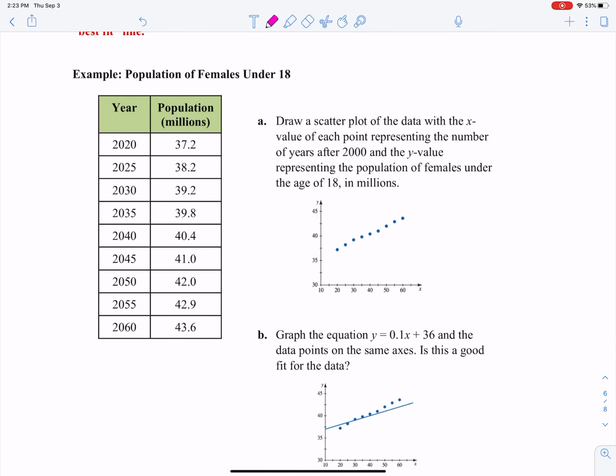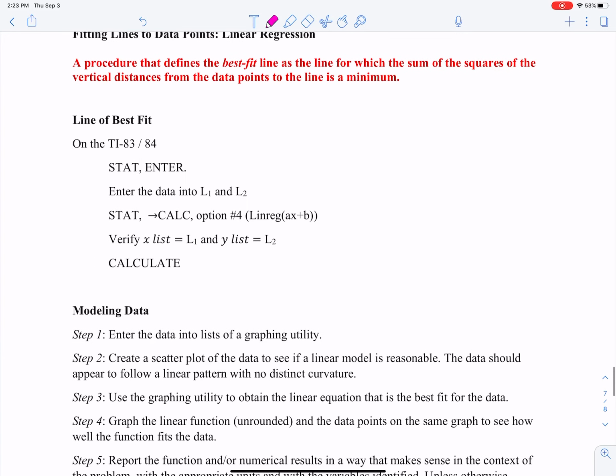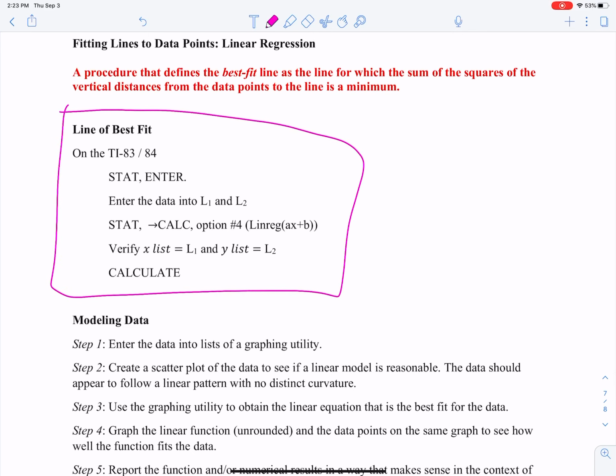So what you would do is use your calculator on these, okay? So in your calculator, and the directions are actually right here. All right, so find the line of best fit. This is the process you would use. Follow these directions. So on your calculator, hit the stat button, which is right next to your arrow keys, then hit enter. You'll see some lists. You should see L1 and L2 at the top.